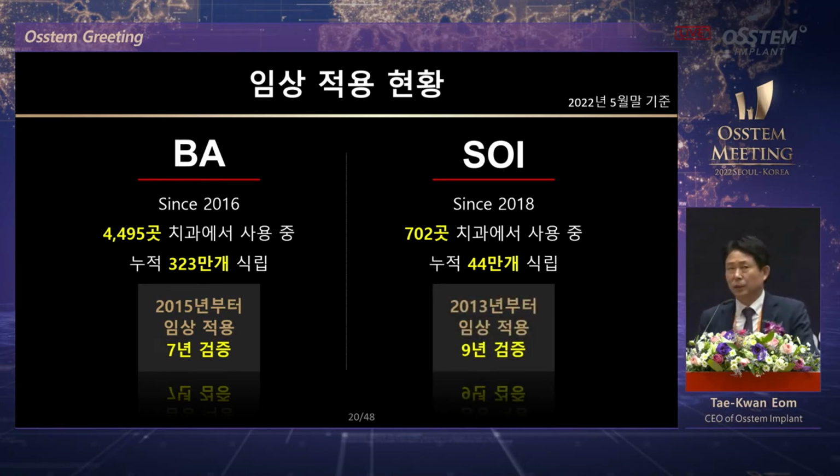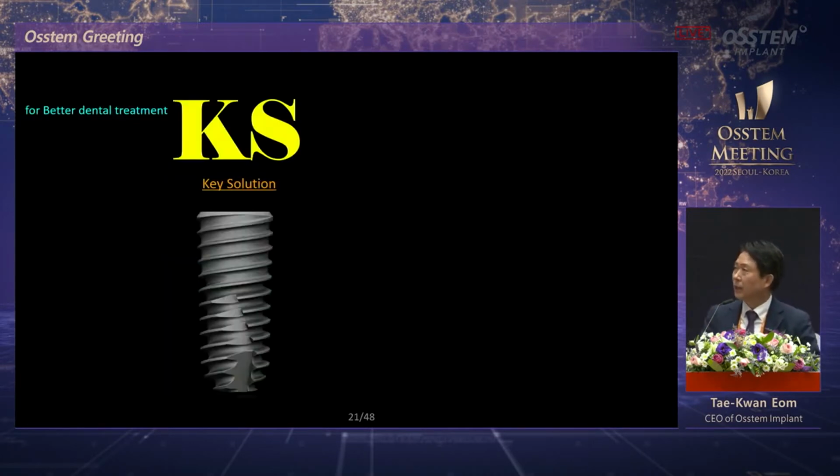Soy began to be sold from 2018. We approach it rather conservatively. So 700 dental clinics are using it, and cumulatively 440,000 of them are placed. But clinically, they have been used since 2013. So it has been verified for 9 years.